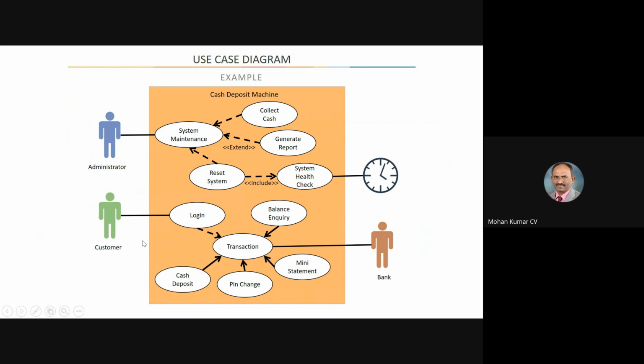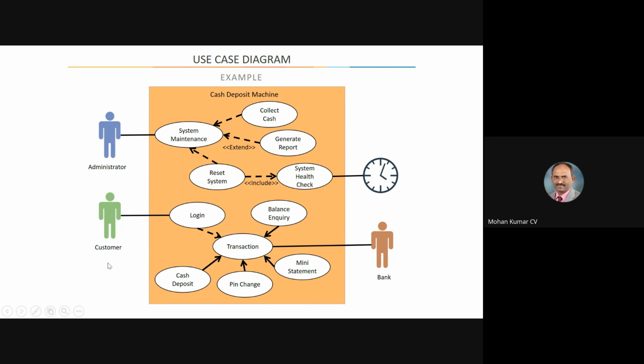This is a use case. If you go to an ATM, what do you do? You collect money, any activity that you perform.